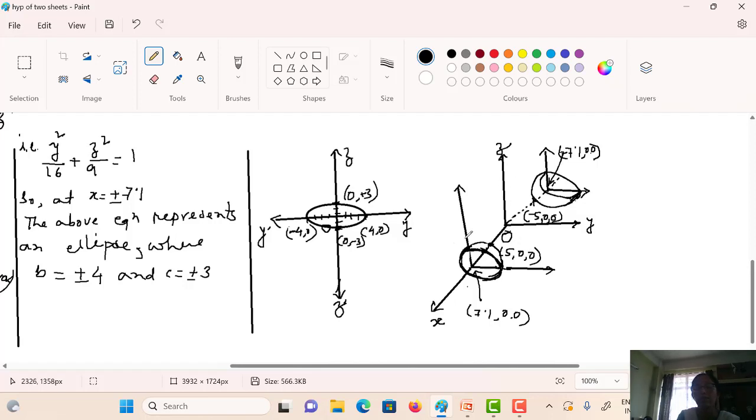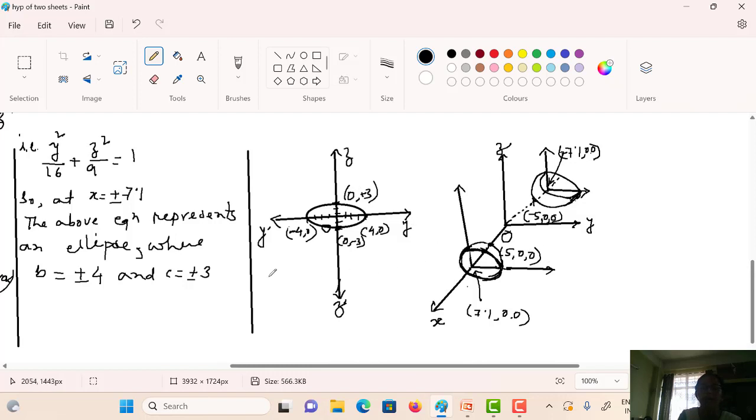So it is 0, 0, but we need to shift the x coordinate from 0 to plus 7.1 and minus 7.1. This point is minus 7.1, and the point is plus 7.1, 0, 0. So we get one ellipse here, one ellipse here for the YZ plane.